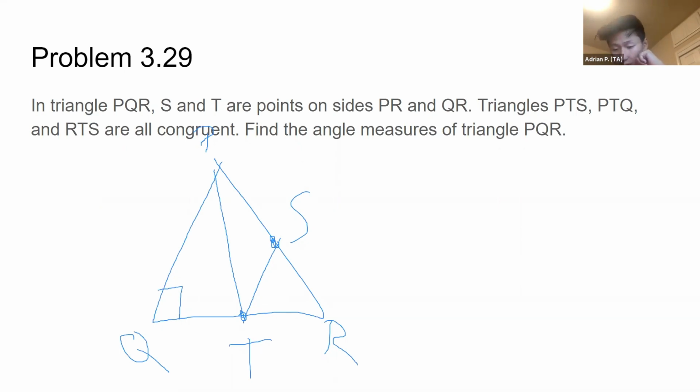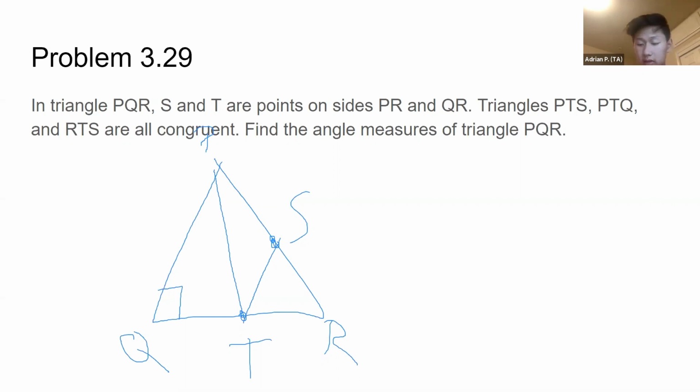And then, since angles QPT, TPS, and SRT are all equal because of the congruencies, QPR is going to be equal to 2 times PRQ. And so 180 equals PQR plus QPR plus PRQ, which is 90 plus 3 times PRQ.